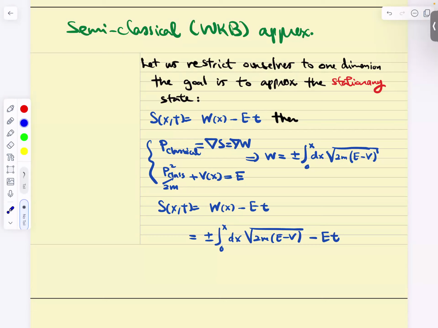So what I'm trying to do is motivate an approximation, an ansatz for the wave function. Is that clear? Does everyone know what an ansatz is? If you want to solve a differential equation and you're trying to find a function psi of x, an ansatz is a guess of the form of the answer.